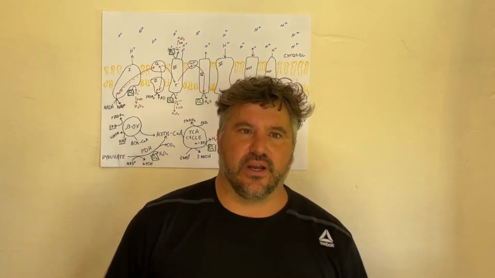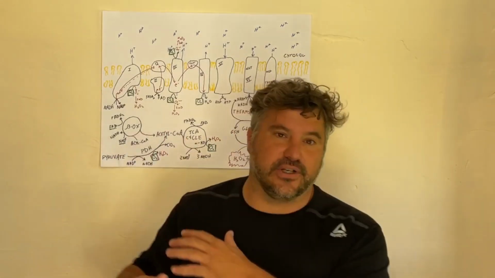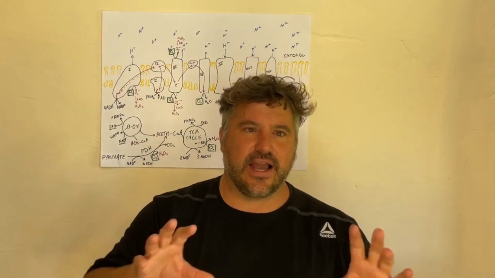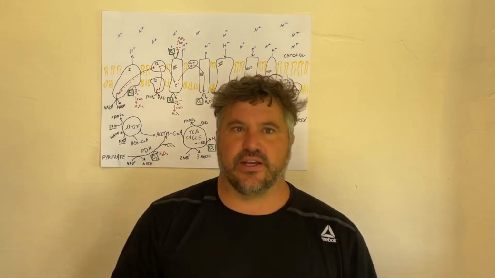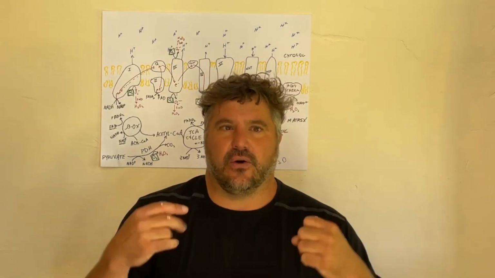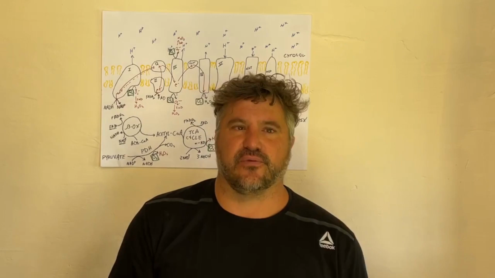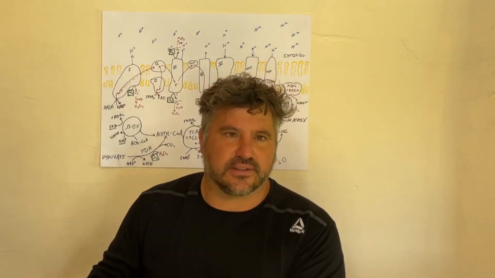So in the rest of this video, we're going to go inside the mitochondria, which I've drawn on the back wall here, and we're going to see exactly how NADH flips that switch from using the electrons from our food for good to using the electrons from our food to create oxidative stress.